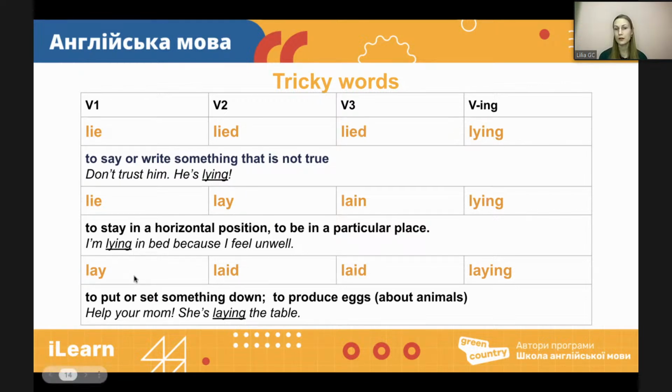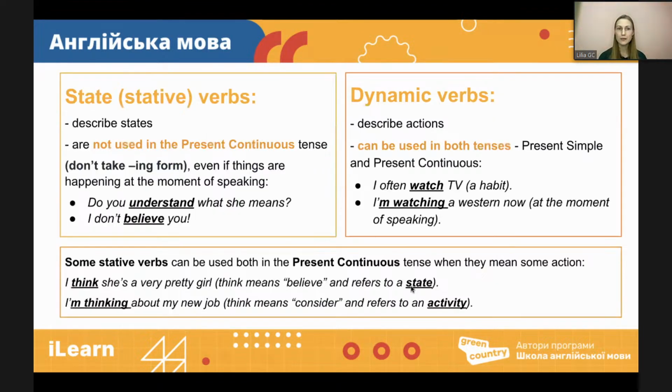It would be rather to put or set something down, like накривати на стіл, for example. We lay the table, remember from school? And it is also irregular, so it changes as laid, laid. I laid the table in the morning, or I have laid the table, it is ready to have dinner. So again, if needed, you may take a screenshot and memorize it later, because I know it might be a bit tricky. Okay, let's keep moving.